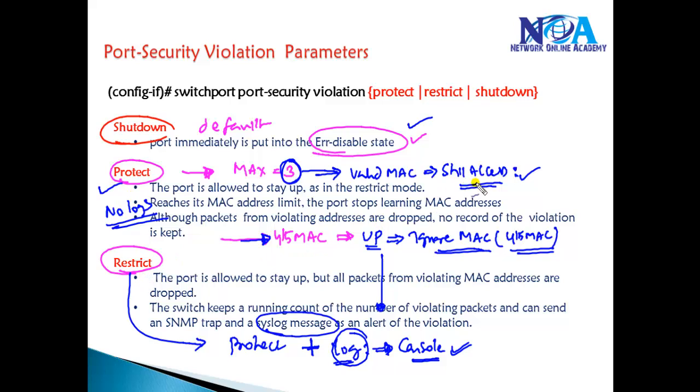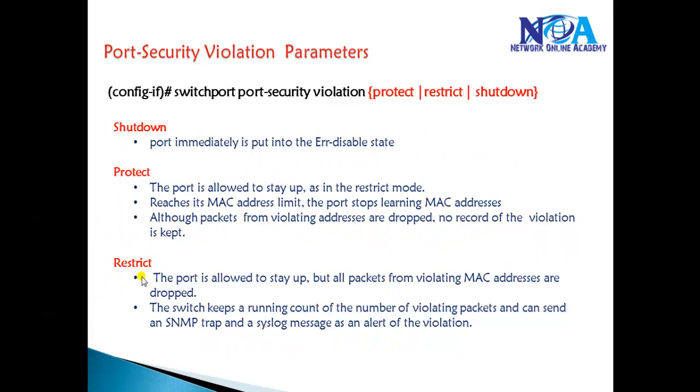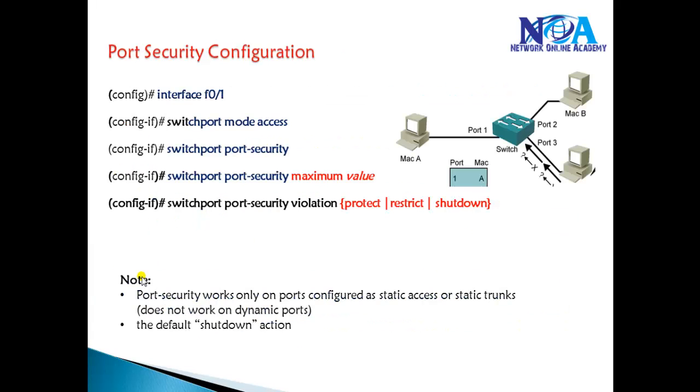It keeps the interface up, and the valid MAC addresses are still able to access the resources. The major difference is that in protect there is no logging, whereas in restrict mode it generates log messages on the switch. That's the only difference between these two options. Depending upon the requirement, we can go with any one of these options, but if you don't define this violation rule, the default rule will be shutdown.